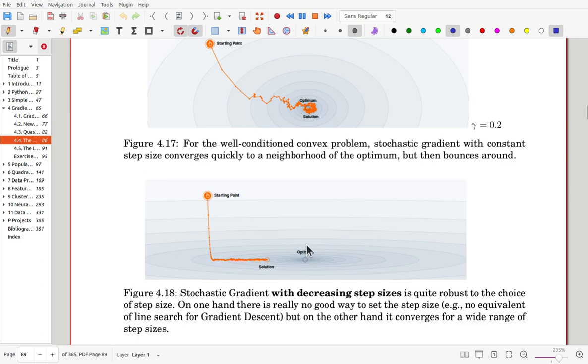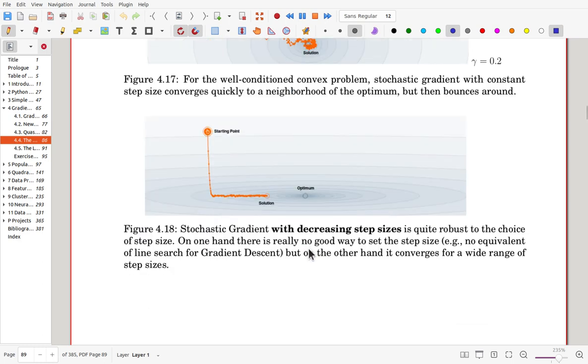However, the stochastic gradient descent method converges for a wide range of problems with a wide range of choices for the step size. So it works quite nicely in most cases.